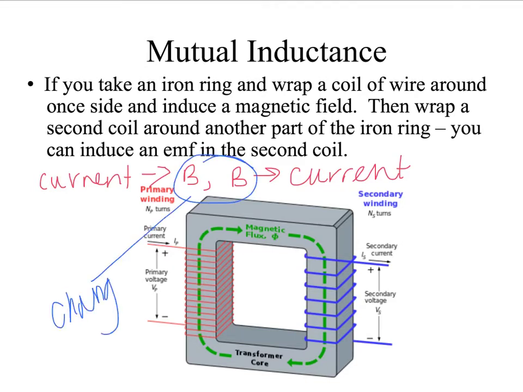So we're going to have to use AC current in order to generate it, because AC is always changing. So when you're changing this coil of wire's current all the time, you're going to be constantly changing this magnetic field. And this magnetic field changing will induce a current here, which will then also be AC current.